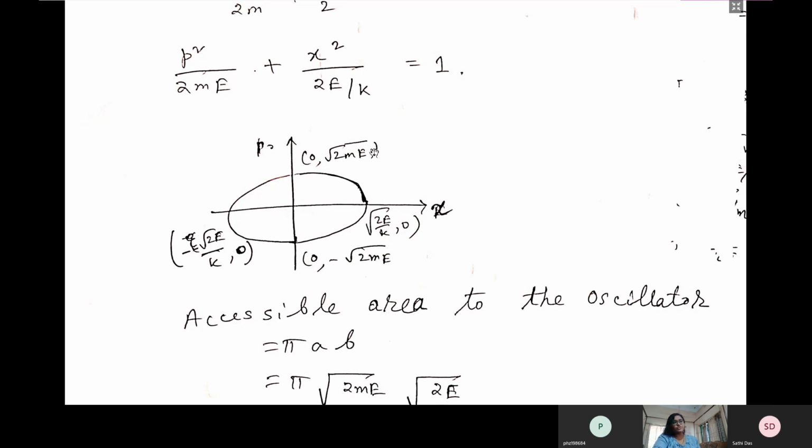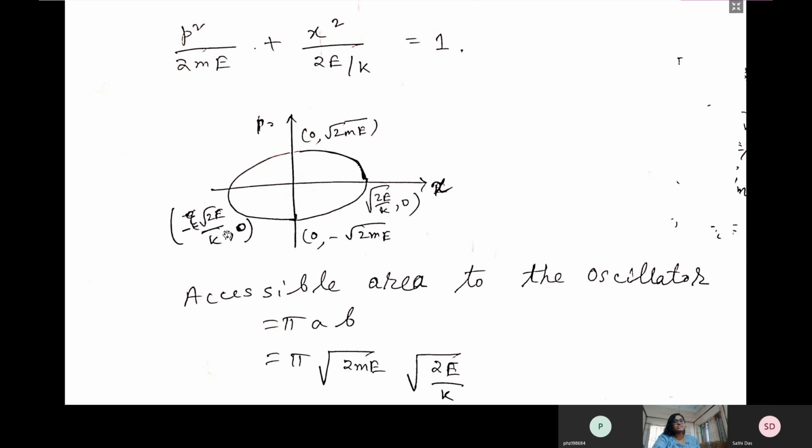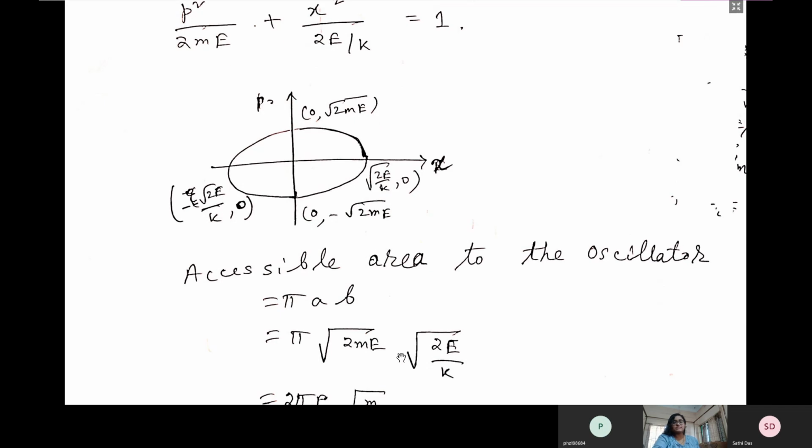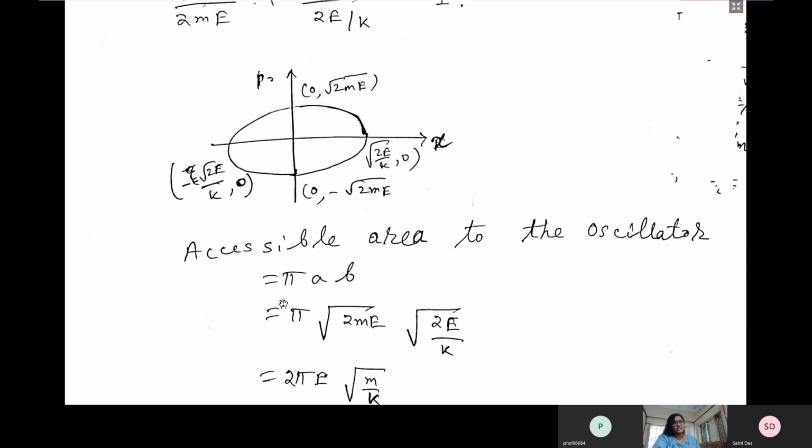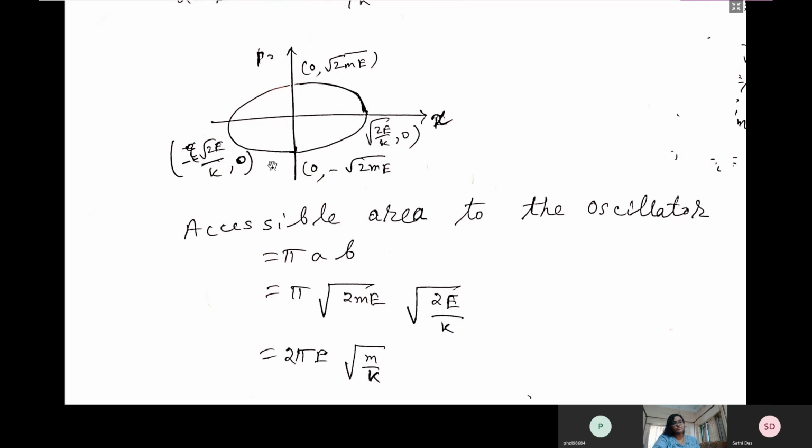So it will give you 0 comma root 2mE, and the negative P gives 0 comma minus root 2mE. These are the coordinates, and the accessible area to the oscillator is pi into A into B. Here A is root over 2mE, the semi-major axis, and B is root over 2E by k, the semi-minor axis.